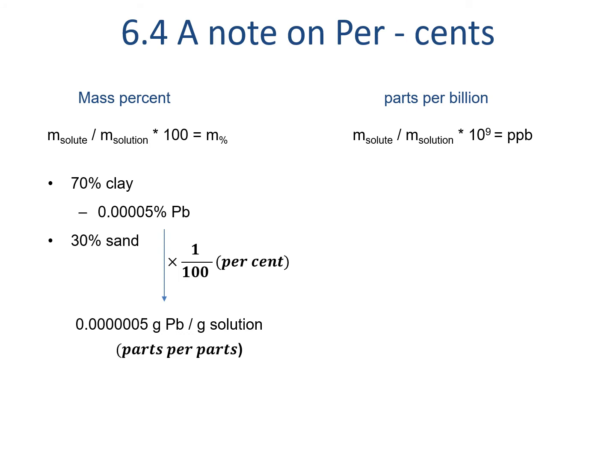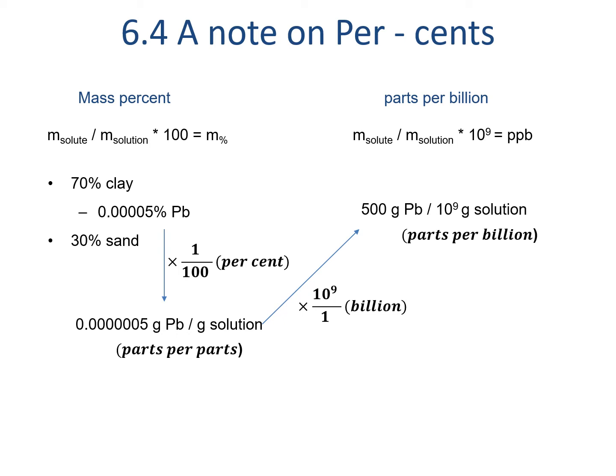If we want to go from parts per part back to parts per billion, we just say that we want a billion parts now, and so we'll multiply by 1 billion. So 0.00005% is the same as 500 parts per billion.